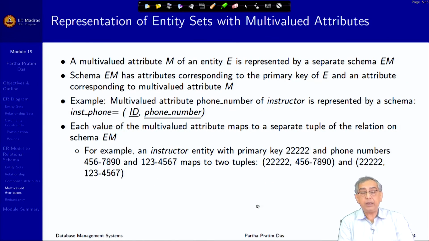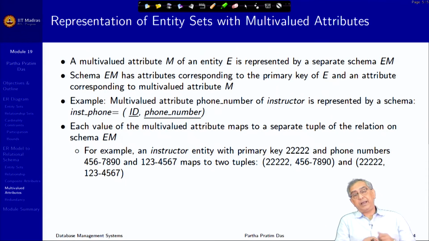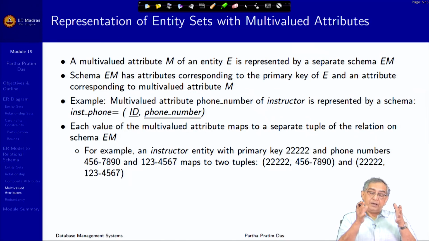Now, how do you handle multi-valued attributes? If you have to handle multiple values, naturally you cannot put them right there. So, what you will have to do is create a separate entity set and have a relationship with the original entity set.